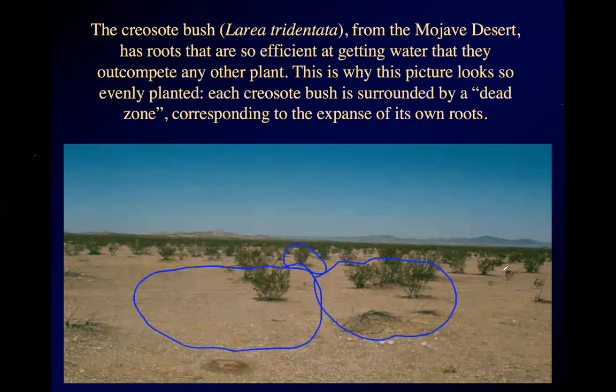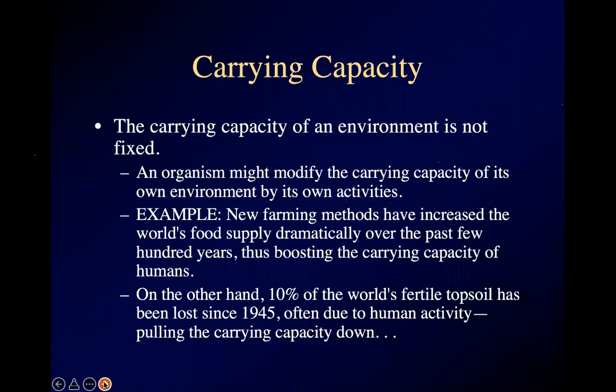And over here, this one would have a zone of its own, and this one would have its own zone. And that's what competition for water looks like in a desert plant. And that can have the effect of having these plants that are spaced so evenly that, at first glance, it looks like somebody deliberately planted them that way. So that's ways that populations can compete.